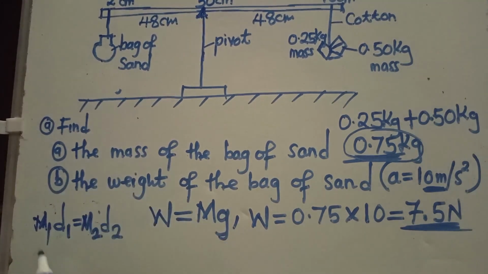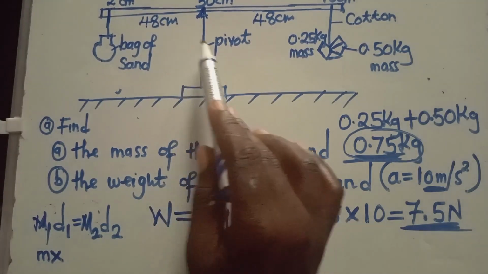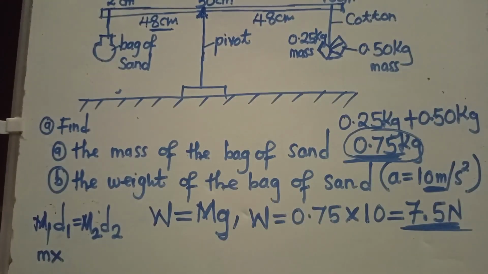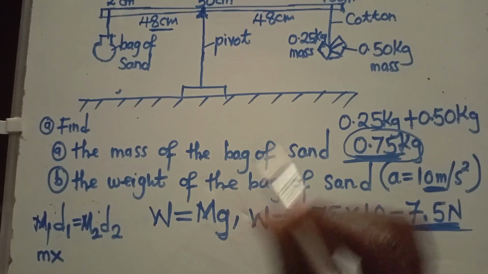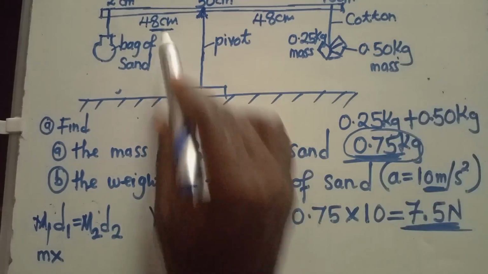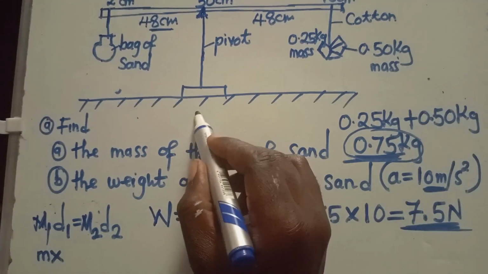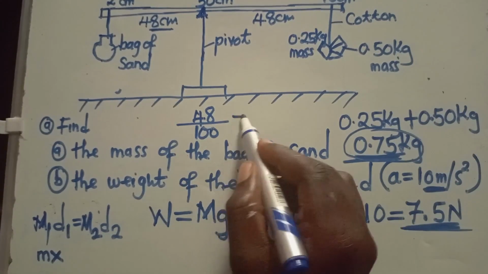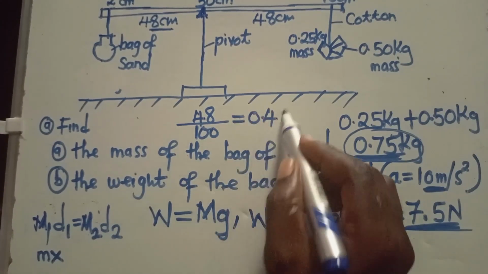What is the first mass? We are not given, so I'll just put m. What is the distance from the pivot? That is 48. Since we need to calculate the mass in kg, the distance is supposed to be in meters. You take 48 and divide it by 100, you get 0.48.